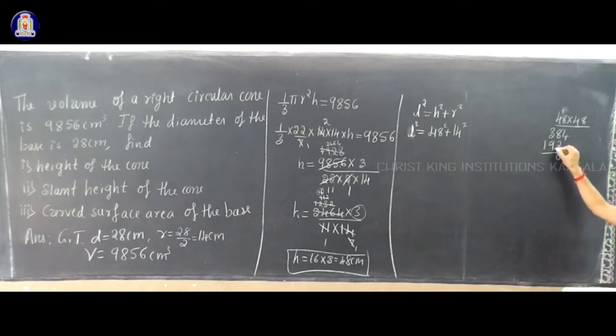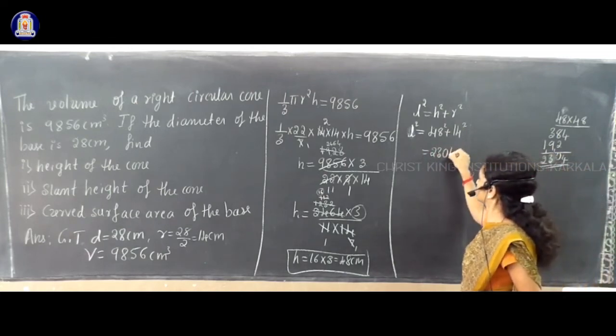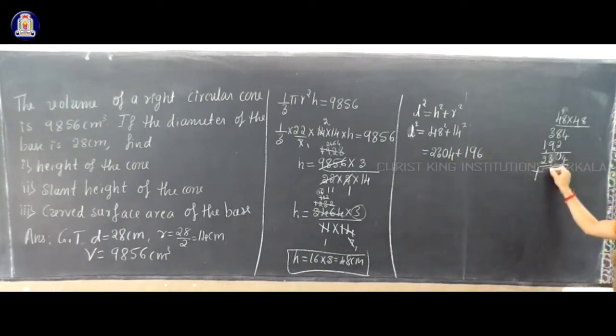So 2304, that is 48 square, plus 14 square, that is 196. Add that to 2304, that gives you 2500, okay.